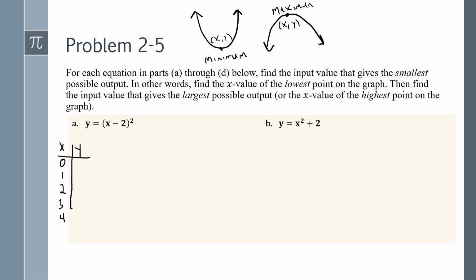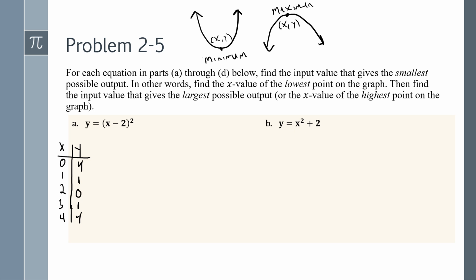I plug 0 into here, I get -2 squared, which is 4. Plug 1 into there, I get -1 squared is 1. 2 gives me 0 squared, which is 0. 3 gives me 3 minus 1 is 2. And 4 gives me 2 squared, which is 4.